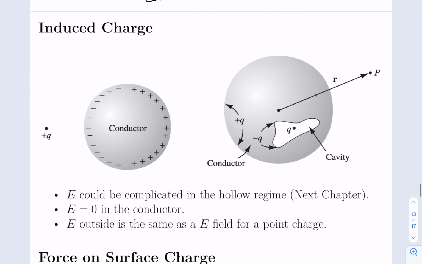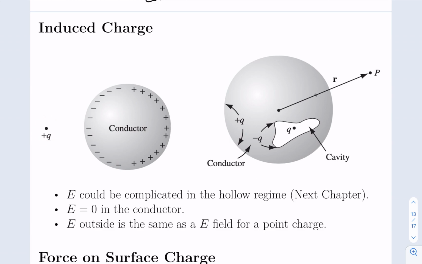Now let's take a look at what happens if we bring a charge close to a conductor. Suppose that we have a conductor over here, and we add an additional point charge.